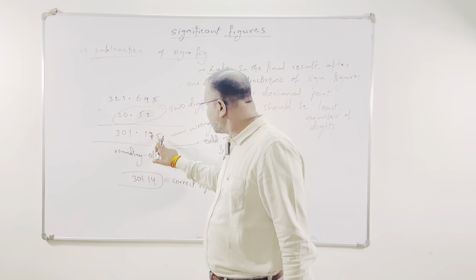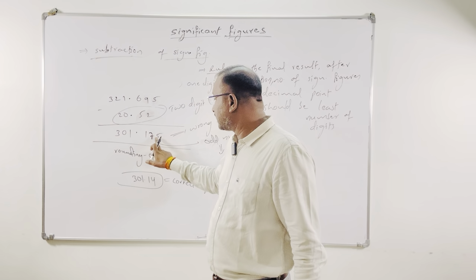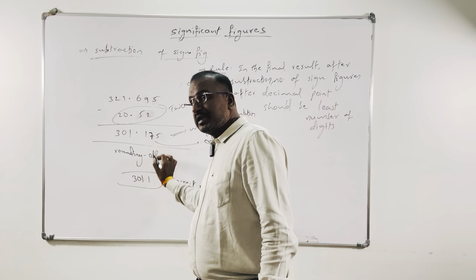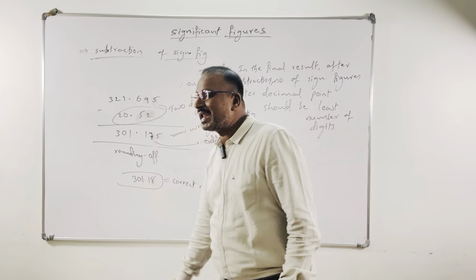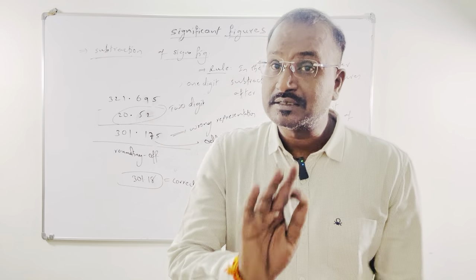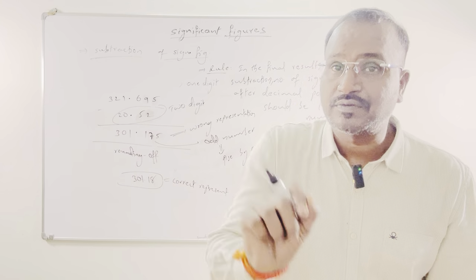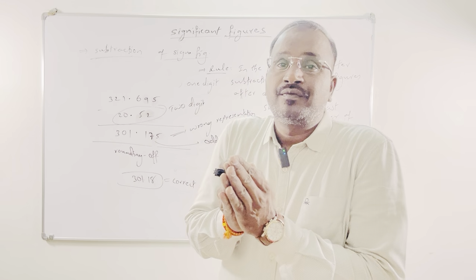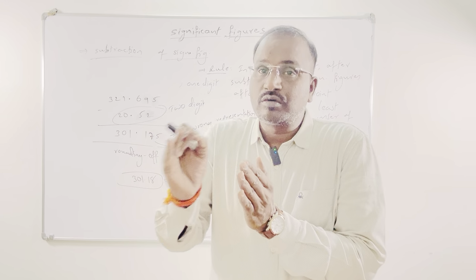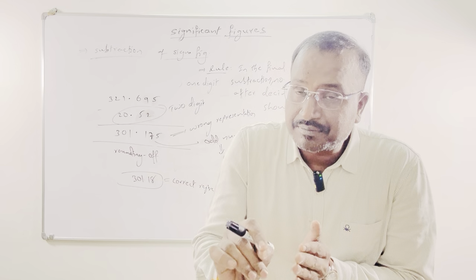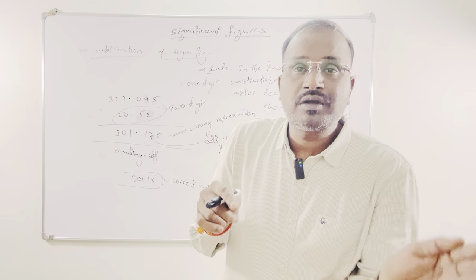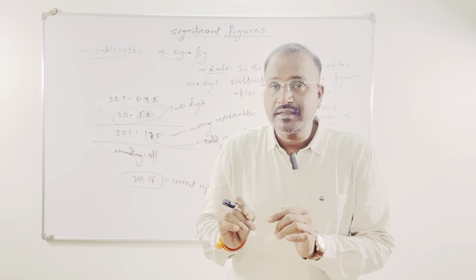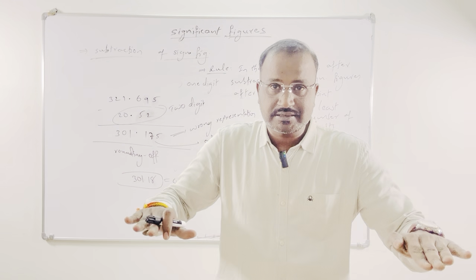So here, to round off this 5, this odd becomes even, means we have to increase by 1, so it becomes 1.8. It is not 1.7, it is 1.8. Once again I am saying, if any number is to be rounded off, if that number is more than 5, the before digit should be increased by 1. If that number is less than 5, the before digit should be as it is.